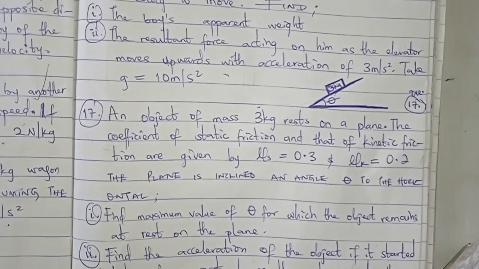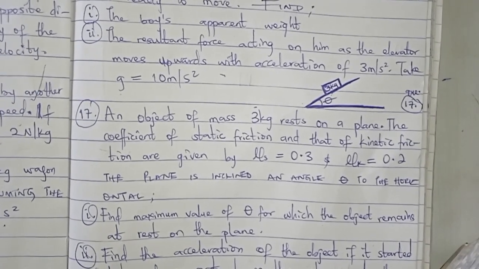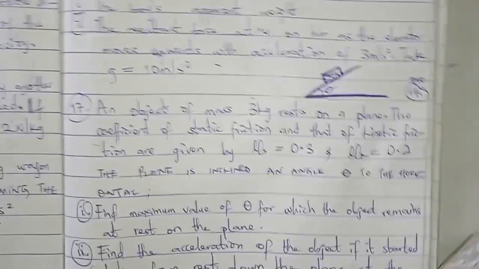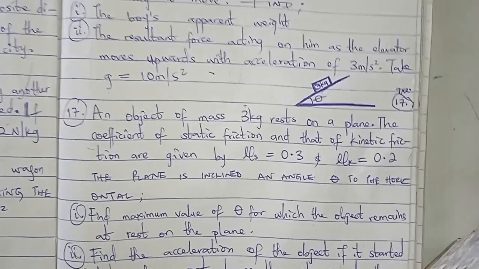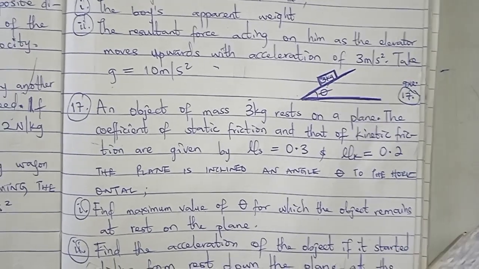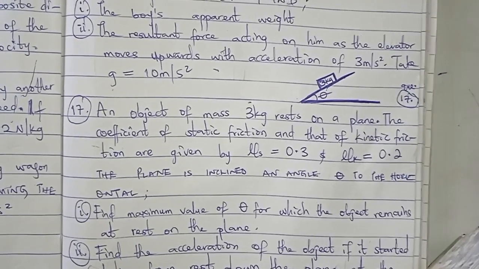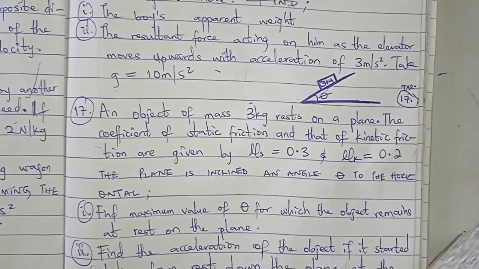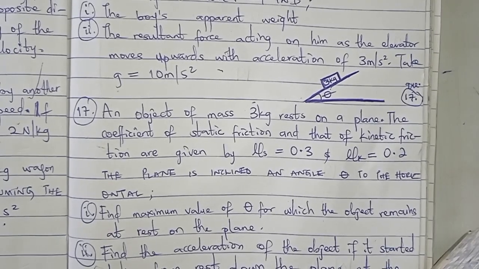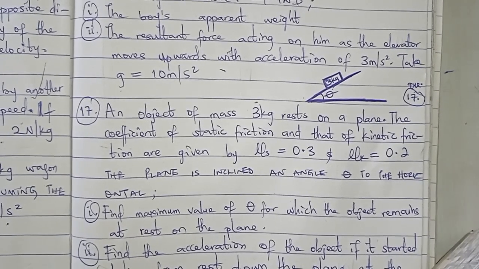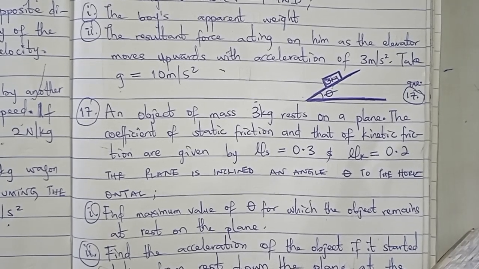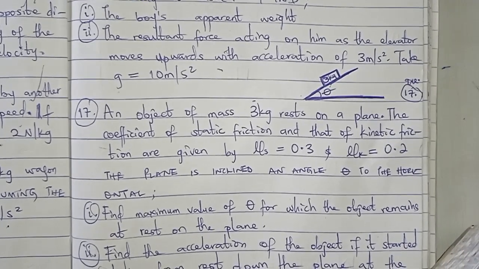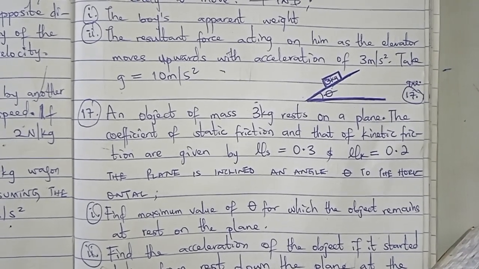The coefficient of static friction and that of kinetic friction are given by mu s equals to 0.3 and mu k equals to 0.2. The plane is inclined at an angle theta to the horizontal. Find the maximum value of theta for which the object remains at rest on the plane.